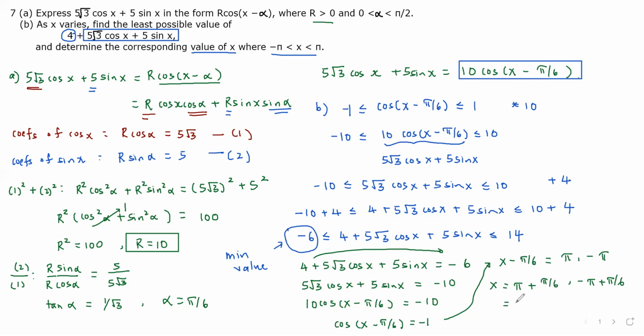Pi plus pi over 6 gives us 7 pi over 6, and -pi plus pi over 6 is -5 pi over 6. There are two possible answers here, but we need an answer between -pi and pi. -5 pi over 6 is the only answer that we want. 7 pi over 6 is not on that interval, so that should not be your answer.